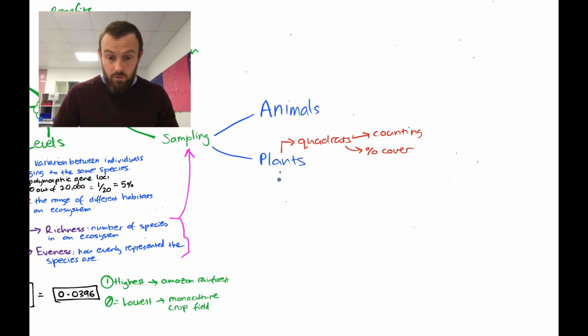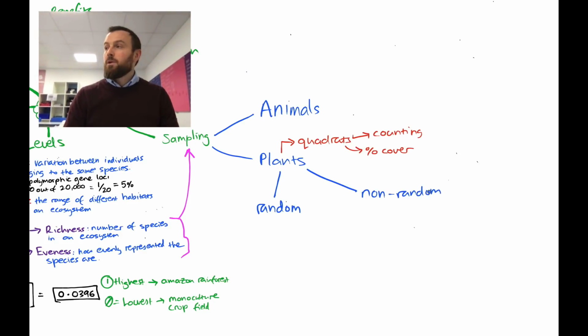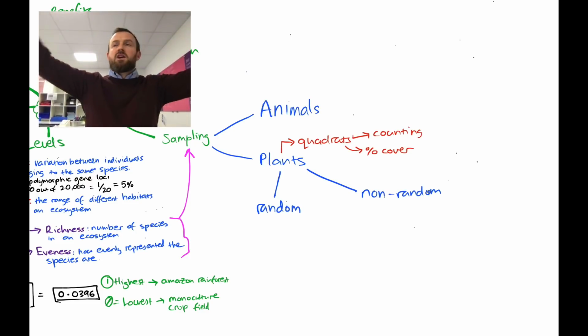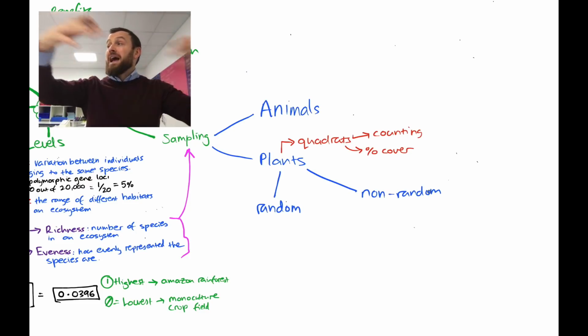So, random and non-random. If we want to randomly use quadrats, basically what that means is we've got a big old area that's roughly the same, and we just want to get a feel for what is out in that area.